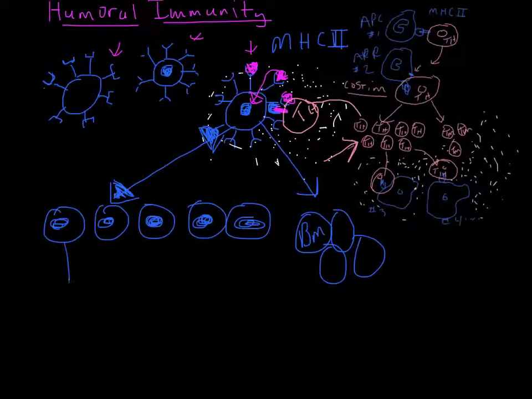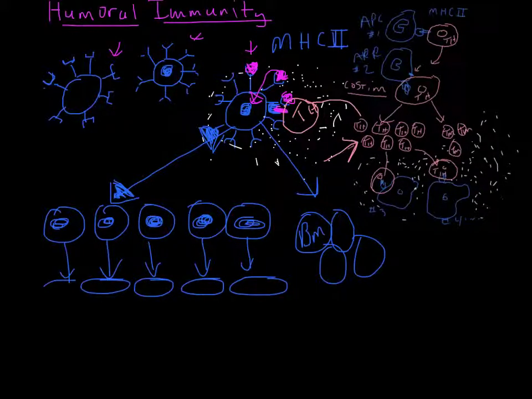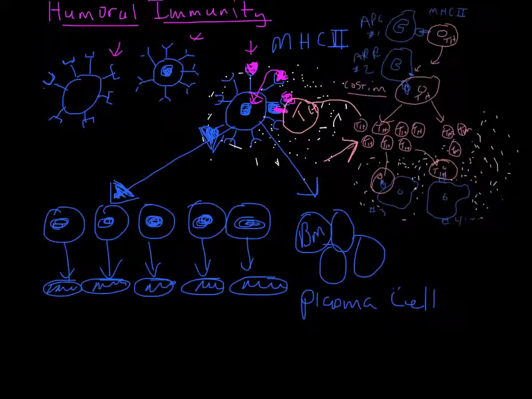So what happens next is that each of these B lymphocytes will differentiate into what we call a plasma cell. All right, so there's your plasma cells. The plasma cells then, each of them, are going to produce absolutely millions of antibodies.